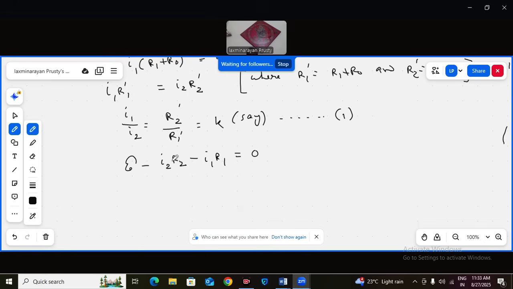or, so E is equal to I1 R1 plus I2 R2. Okay.